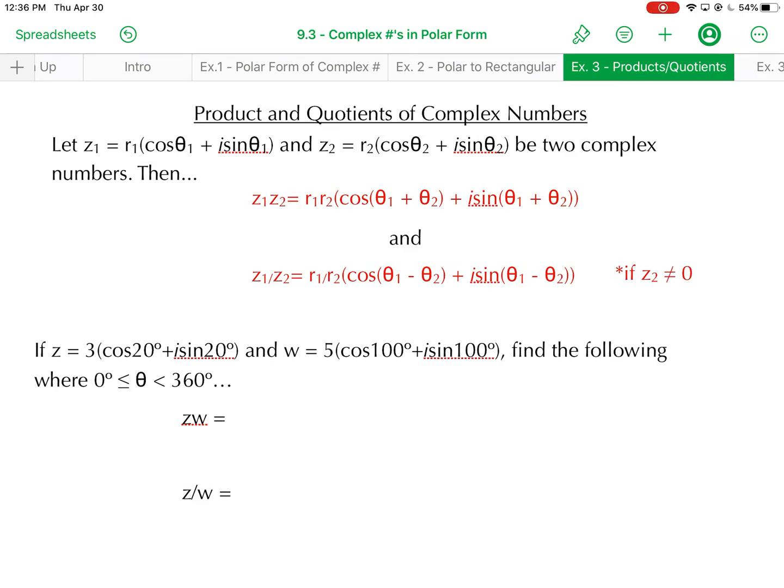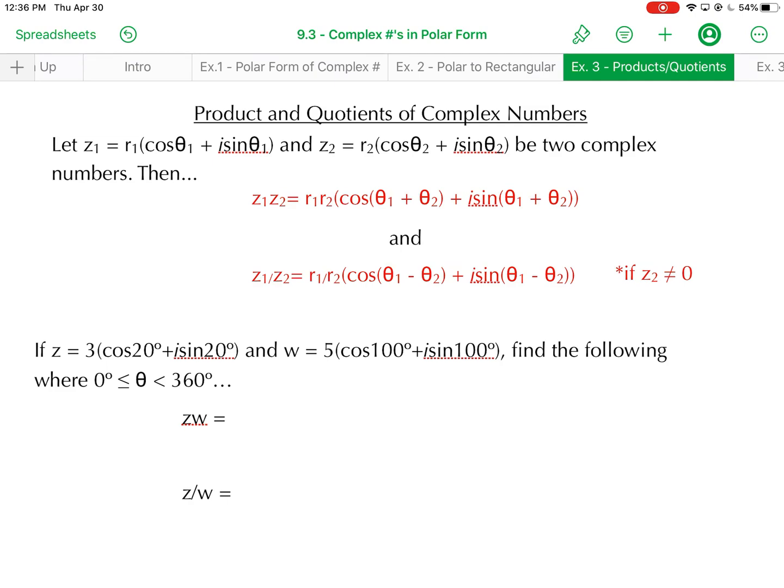Moduli is just the plural of modulus. So multiply r sub 1 times r sub 2. That'll give me the modulus of the new complex number. And then notice the other thing I have to do is add their angle measures together to give me the argument of cosine and sine in my product.